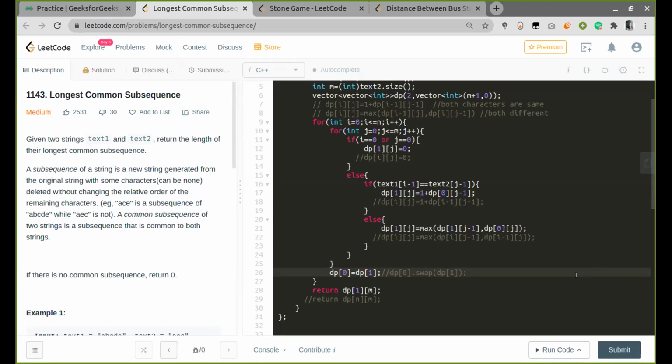So at each iteration, your zeroth row holds the previously updated values, but your first row holds the non-updated values. So DP of 0 will always be the previous one, and DP of 1 will be the current one. So he's working on DP of 1 always.